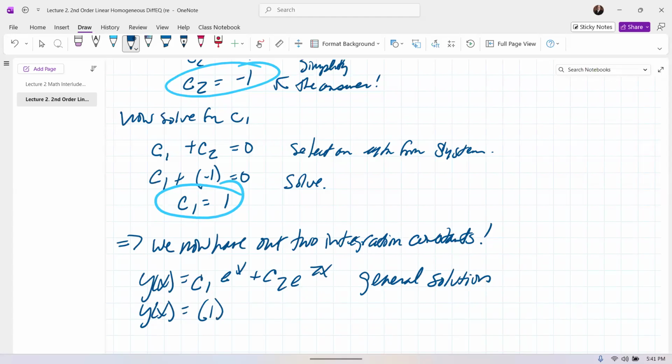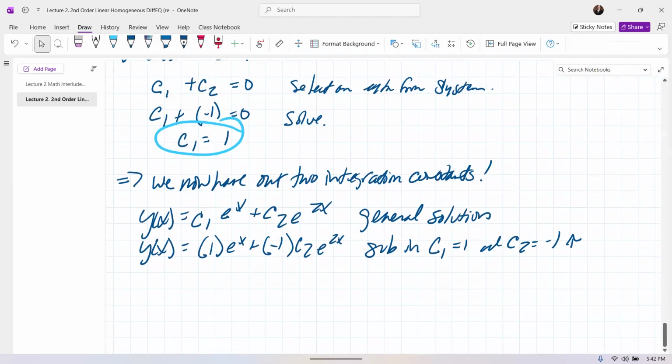C1 is 1, so 1 times e to the x, plus C2, which is negative 1, times e to the 2x. This is subbing in C1 equals 1 and C2 equals negative 1 from above.